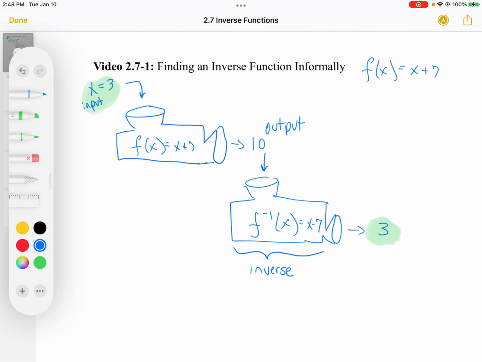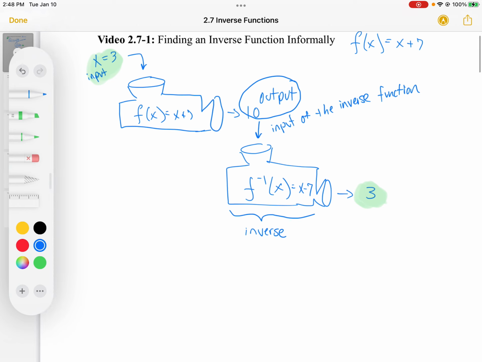The one thing that is confusing is what was the output of the original function becomes the input of the inverse function. But we see the idea, okay?